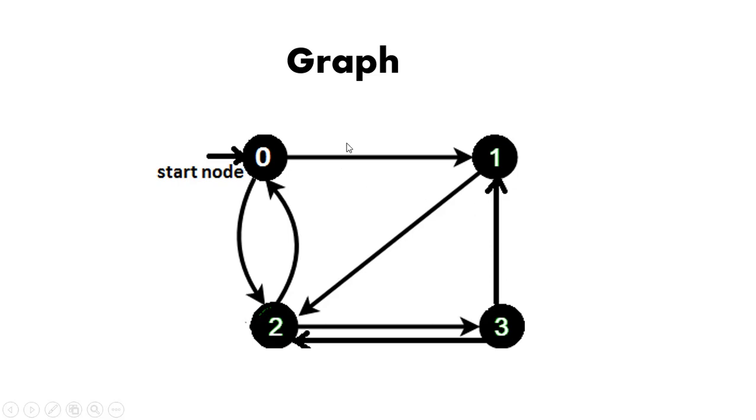Its total number is 1, 2, 3, 4, 5, 6 and 7. It's 7 edges of this graph: 0 1, 0 2, 1 2, 2 0 and 2 3, 3 2 and 3 1.